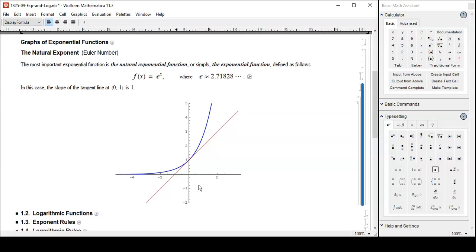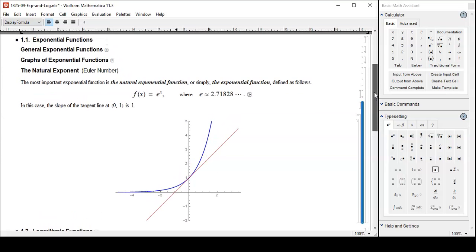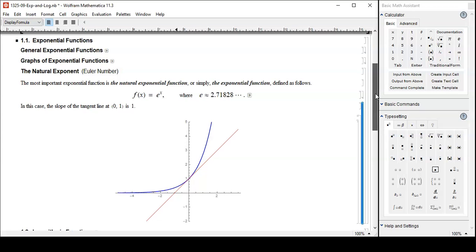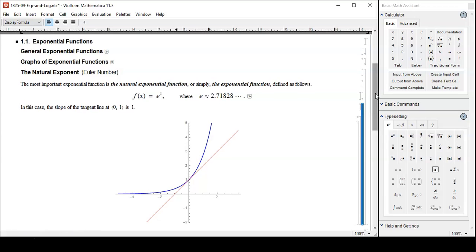And of course, here you learned some calculus already, so let me tell you a little bit more. You see, the slope of the tangent line is 1. That means the derivative is 1. The derivative evaluated at x equals 0 is 1. And that's why the natural exponential function is simpler than other exponential functions.